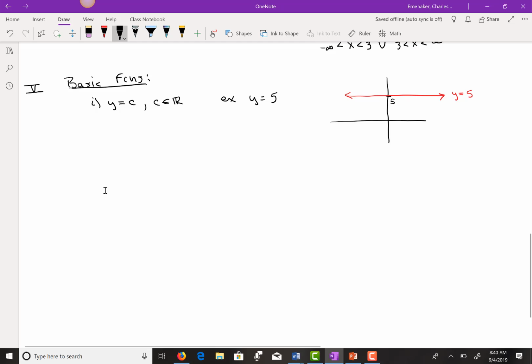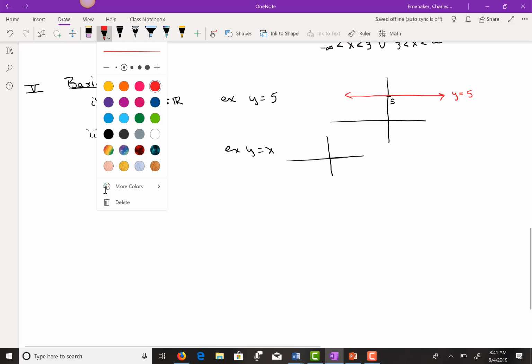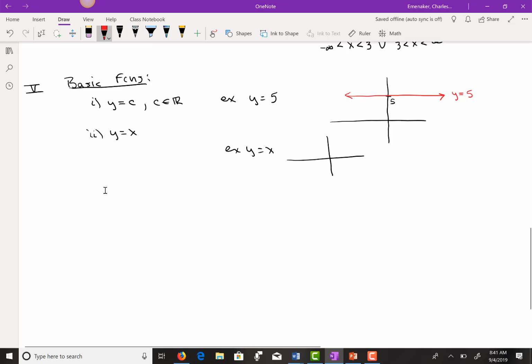Okay. A second real common one is going to be y equals x. Example, y equals x, and what's the shape of this graph going to be? Just a straight line, isn't it? What's the slope of the line? 1.